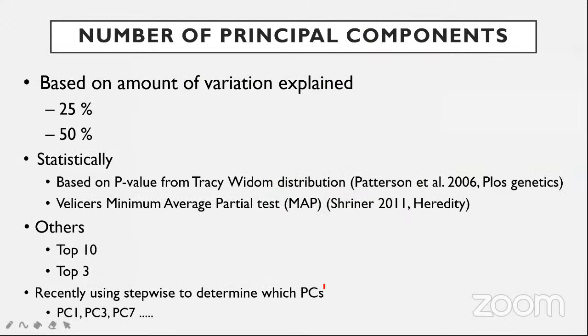So the question comes, how many principal components? If you know a bit of statistics, you know if you have a sample size of n, the number of principal components is also n. As an example, if I have 200 samples, the number of principal components generated is 200. So should I take all 200 or just a part of it?